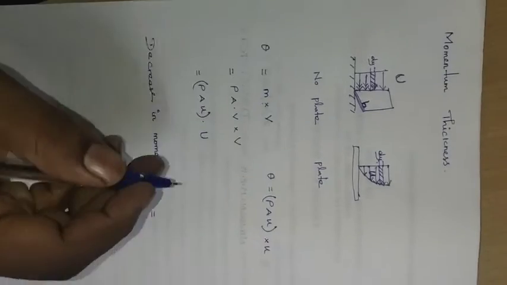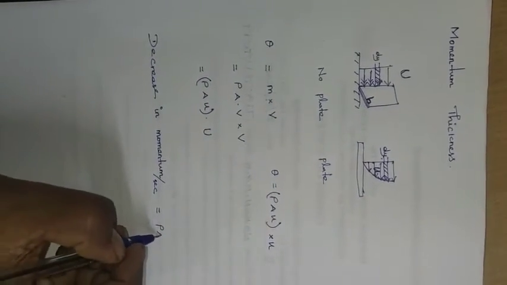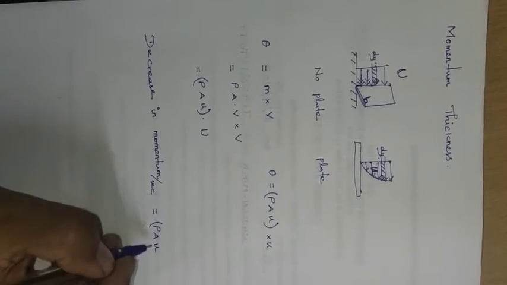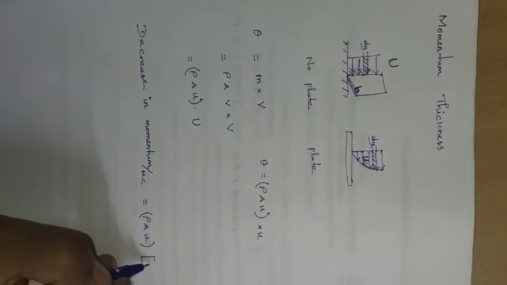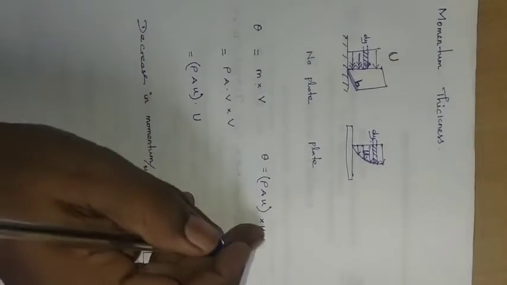So the difference will be, the common term rho a into u, and within the bracket capital U minus small u, these two difference, right? So this is about the decrease in momentum.